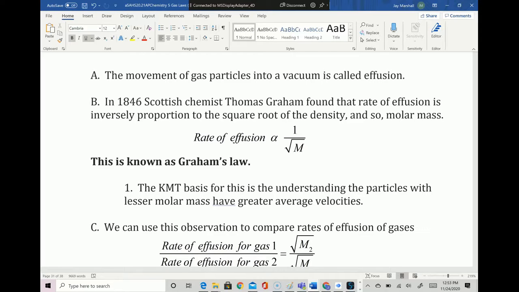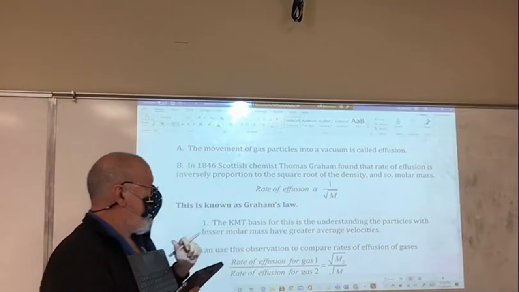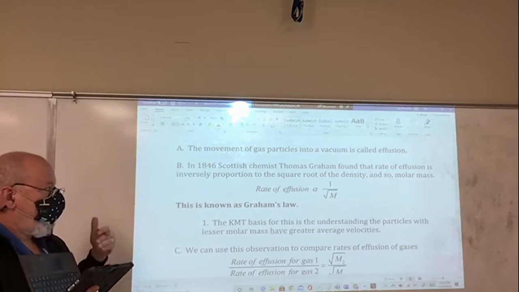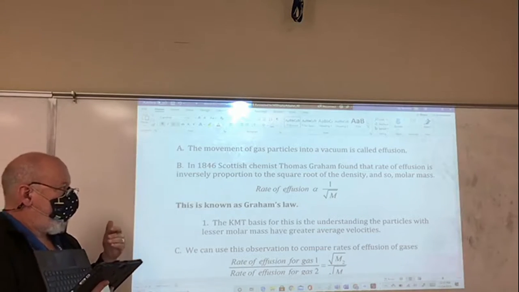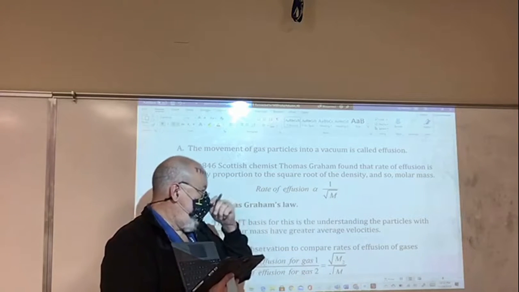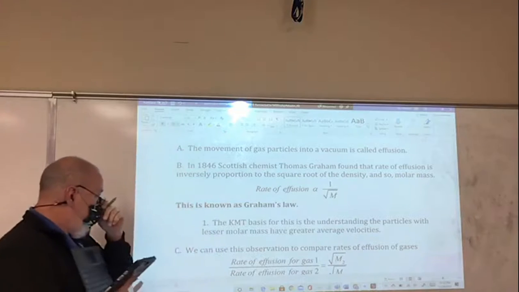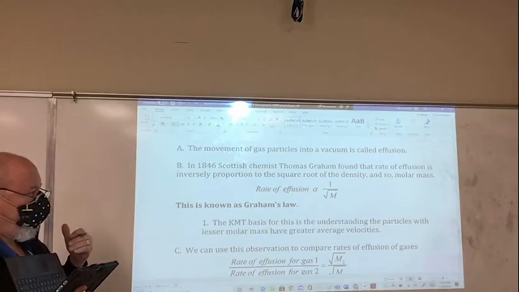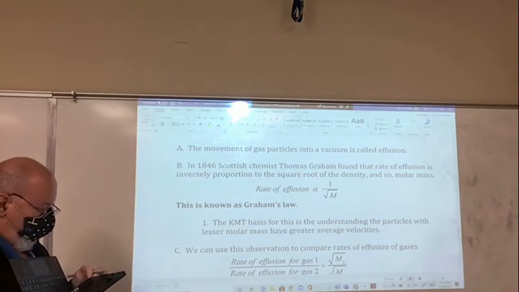In 1846, chemist Thomas Graham found that the rate of effusion is inversely proportional to the square root of the density of the gas. And so also it's inversely related to the molar mass. Okay, and remember this is our symbol for the mass of 1 mole in kilograms per mole.